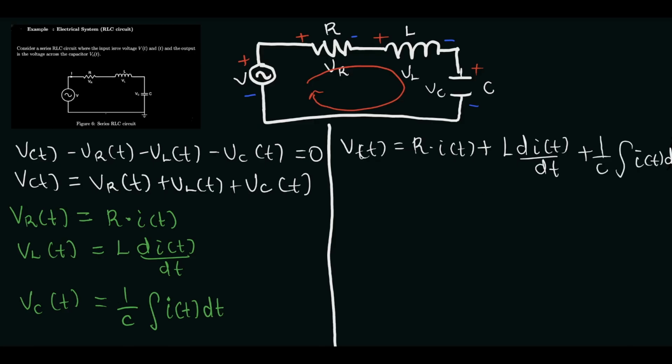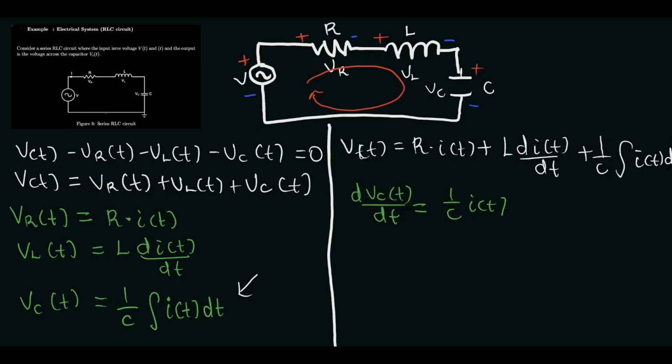To resolve this, we're going to differentiate this right here. Differentiating your VC(t), we have dVC(t)/dt equals 1 over C times i(t), because the differentiation will cancel this integration.